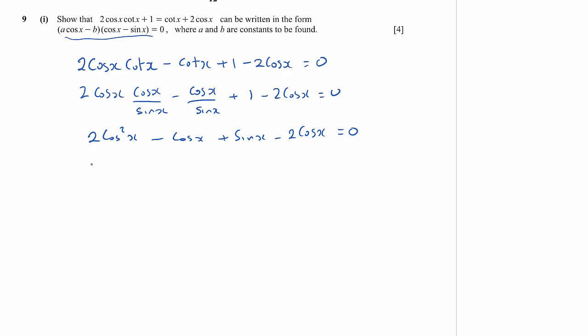That gives me 2 cos squared x; this one over here, I forgot to multiply it, would be 2 cos x sin x. So 2 cos squared x, bring that up here, minus 2 cos x sin x, and then plus sin x minus cos x.